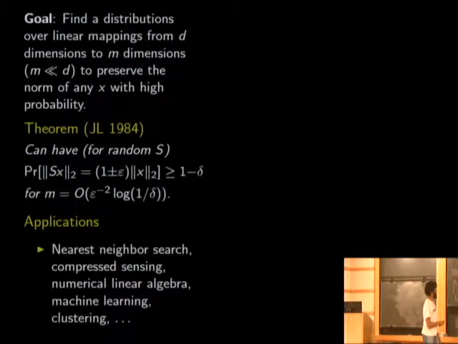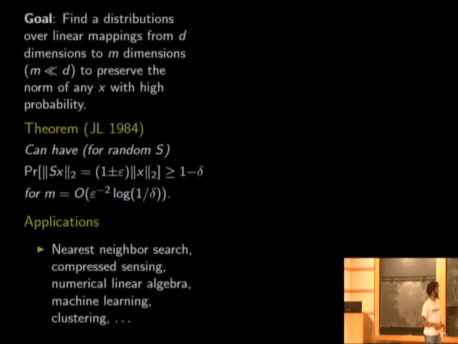So for all x, the probability over S that x's norm is preserved after applying S is at least 1 minus delta. And what Johnson and Lindenstrauss showed is that if you choose enough rows in this matrix S, a number of rows that's even independent of the original dimension, this is possible.